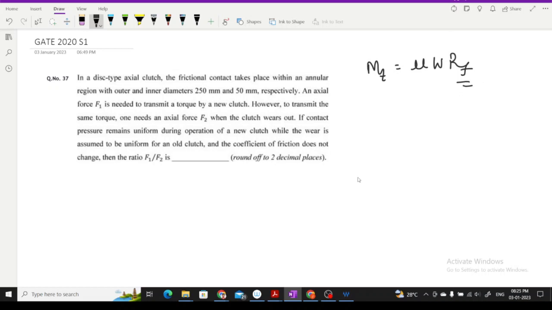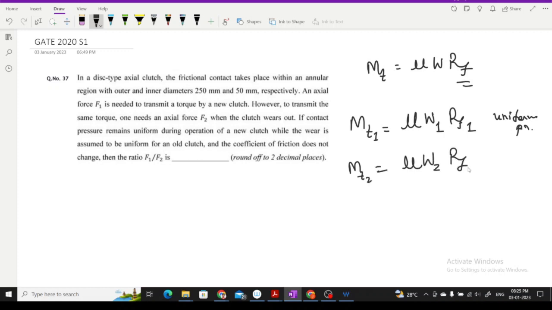Right. So this W will also vary along with this R_F. So for M_T1, if you are considering uniform pressure, then mu W1 R_F1, and then M_T2 will be mu W2 R_F2, for uniform wear, right?